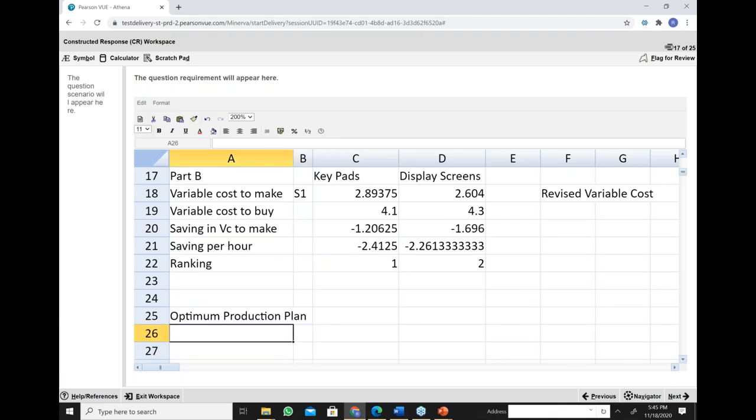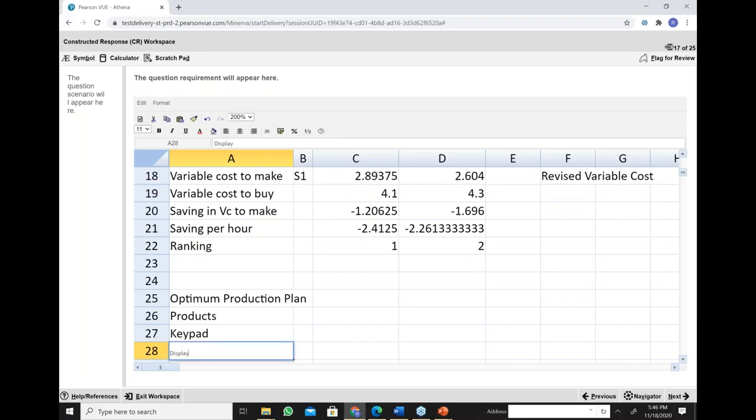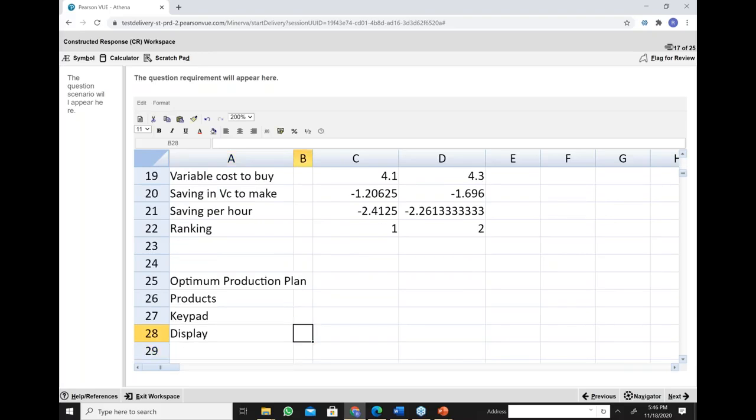As per the ranking, products: keypad, display screen. Keypad is first, display screen is second. So units to produce 100,000 each, right?